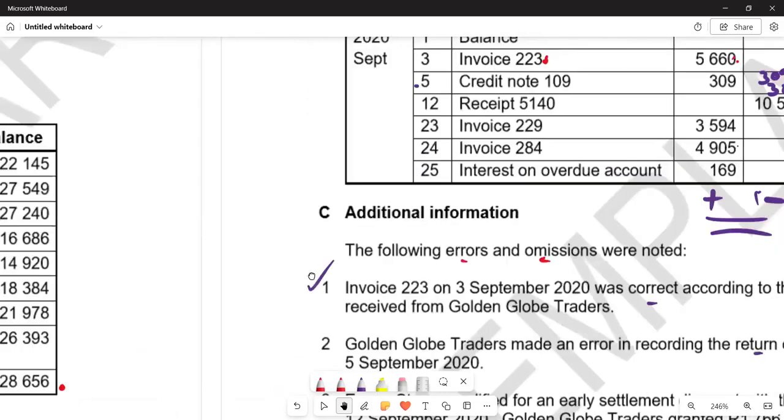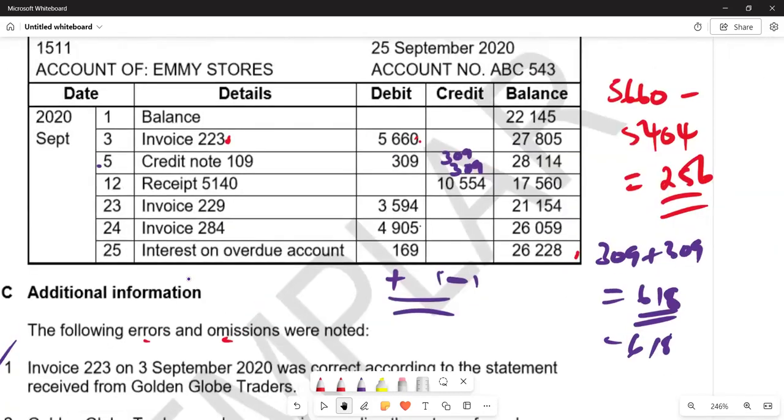So we come here, you would see that this figure that we are having here should be reduced with 490, the discount. So the discount should come on the credit side, so it should be here, 490, that it reduces this figure. And when you go on the credit, it's a negative. So we're going to have a negative 490 on the statement.